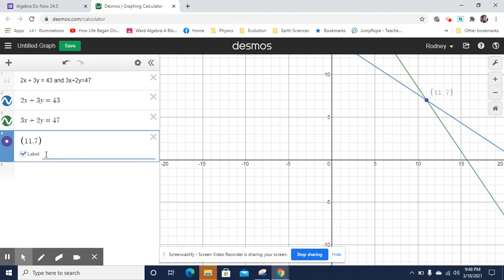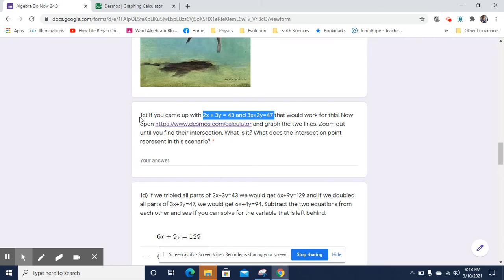We're going to say that is $11 per pointy hat and $7 per propeller beanie. And that is what that point means. That's what it's telling us. So let me copy paste that into our do now.